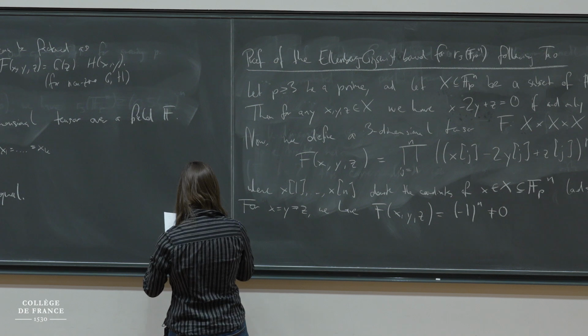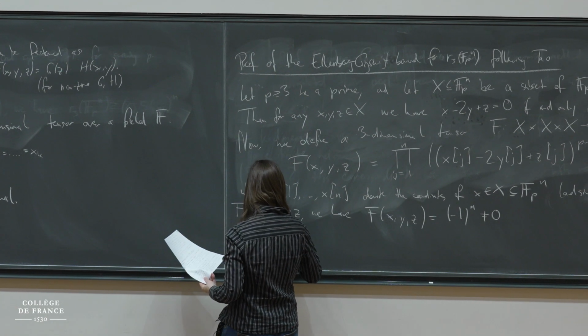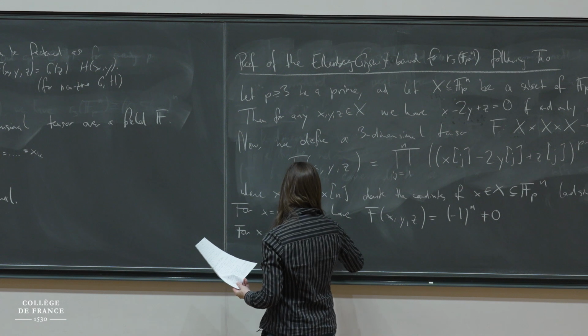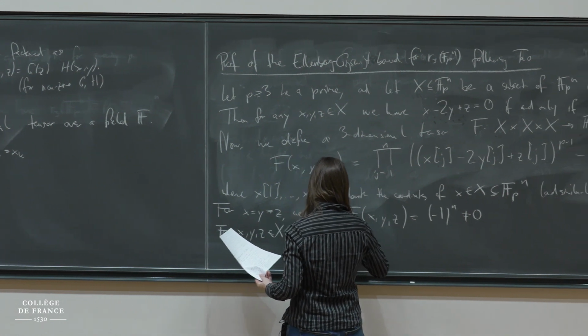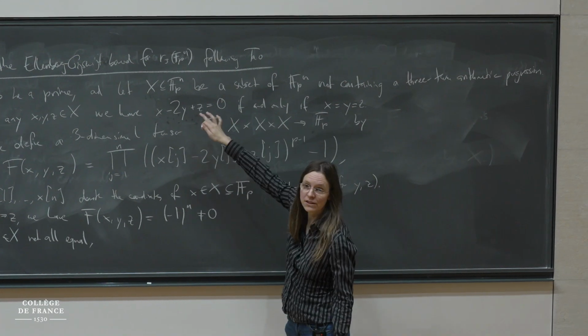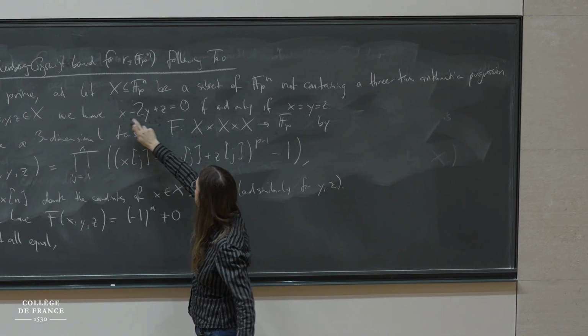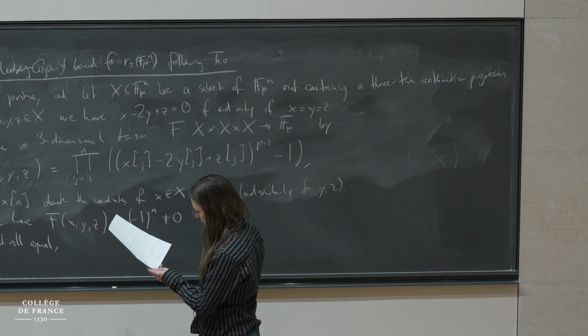Now, on the other hand, for x, y, z in X not all equal, we remind ourselves of this observation we made here. If x, y, z are not all equal, then we know that this vector x minus 2y plus z is non-zero.